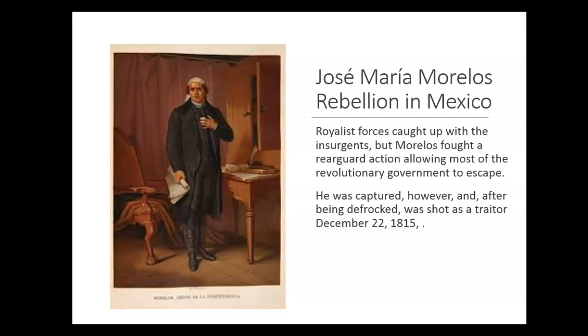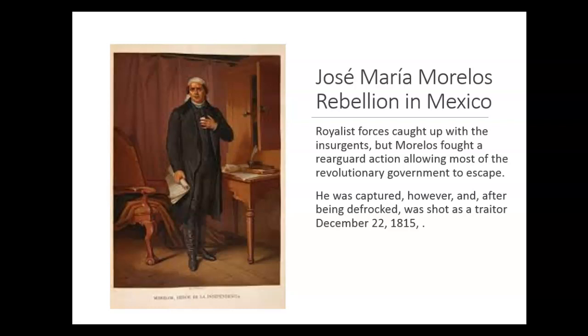Father Jose Maria Morelos was an officer in Hidalgo's rebellion. He was a mestizo, and his army was more organized and had clearer goals than Hidalgo's. Morelos' main goals were clear: an end to slavery, to the caste system, and to the tribute paid by indigenous people.